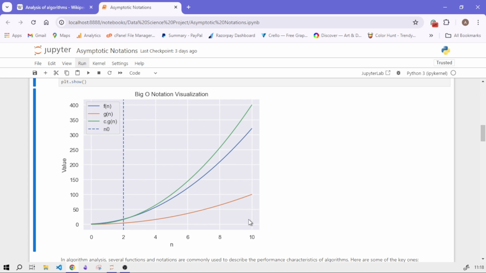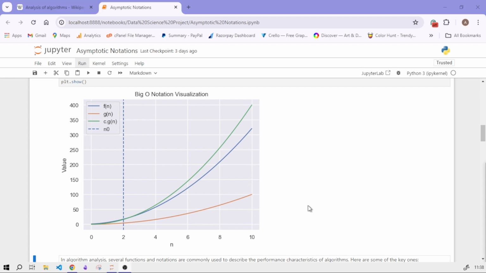Now what exactly does it mean? It means our function is always going to be within a certain range no matter the input size. If we can figure out the outer range, the maximum, the worst case scenario, then we can say that our algorithm won't perform worse than this.